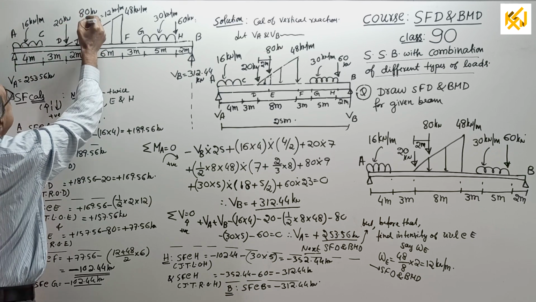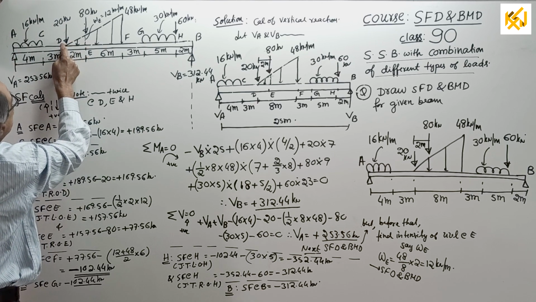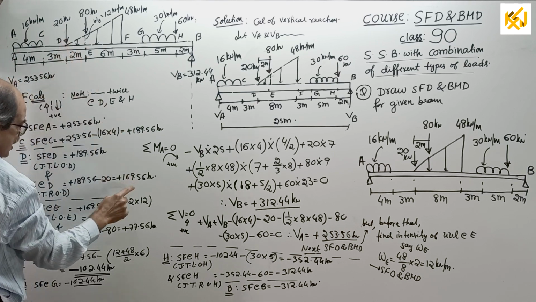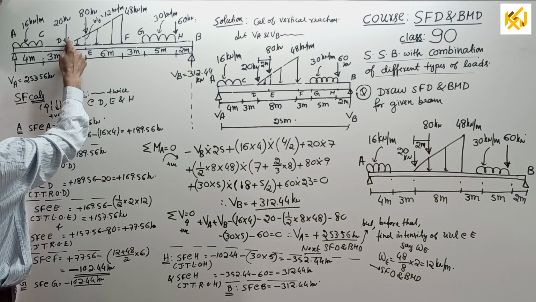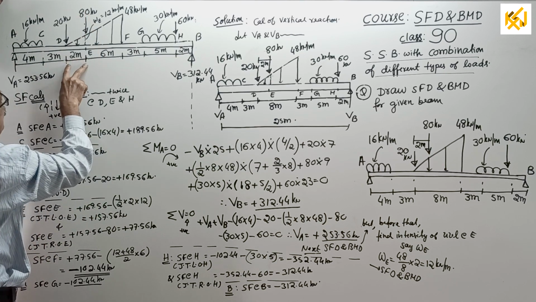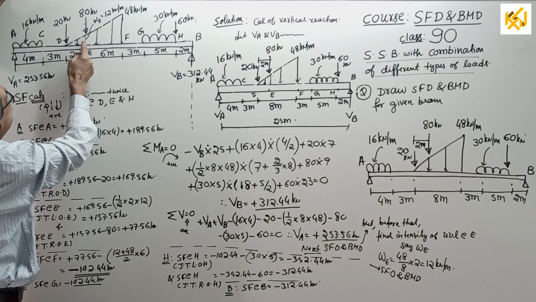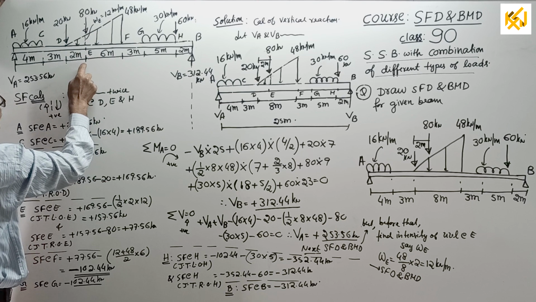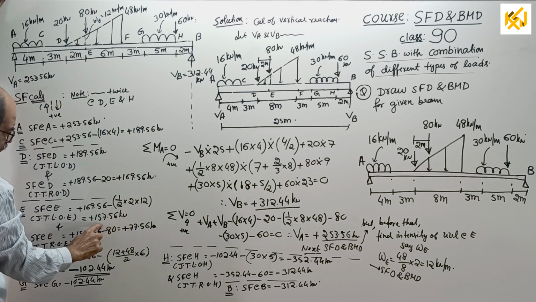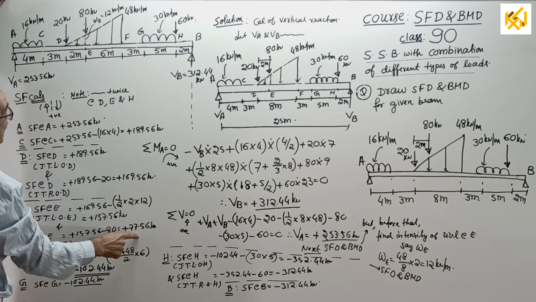So first, shear force just to the left of E, which is just to the right of D after the point load, is 169.56. Then from here till here, a UVL of only base 2 meters, so minus half into 2 into this intensity of 12 kN per meter. That will give you plus 157.56. Just to the right side, minus 80, you get the answer.